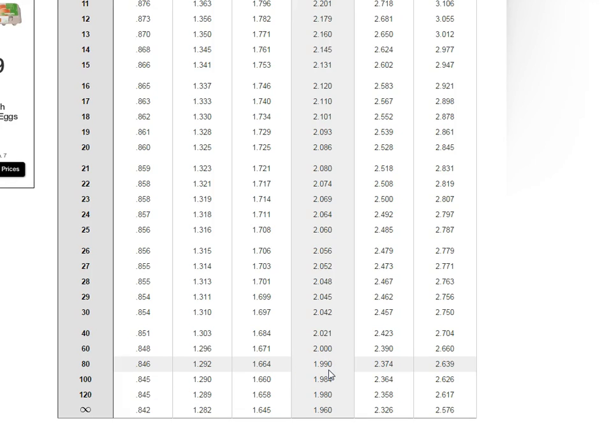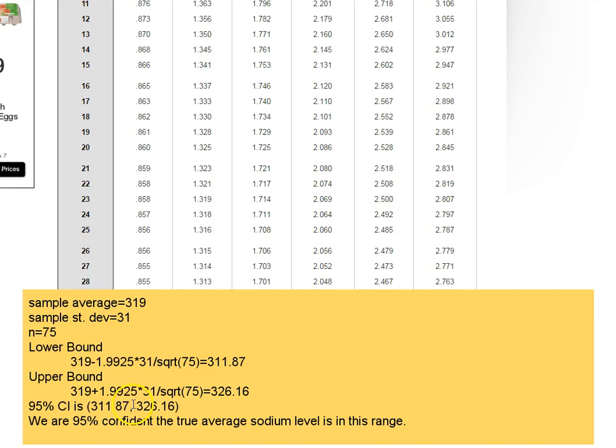Now, if you look in your book, it also has a t-table, and that t-table even gives you a more precise critical t. It will give you the precise critical t for degrees of freedom of 74. The critical t given in your book is 1.9925. So that's actually an even more precise number.